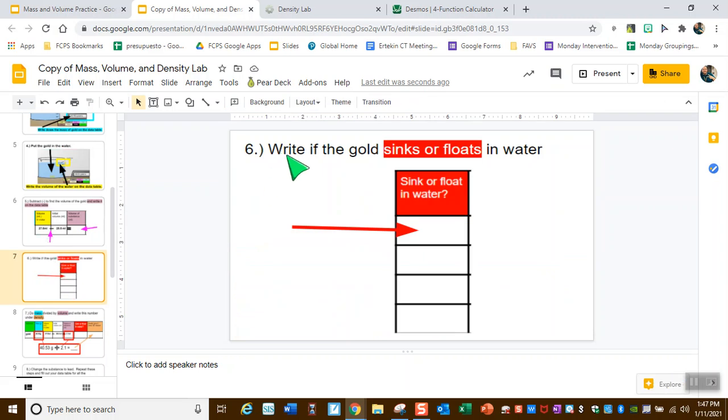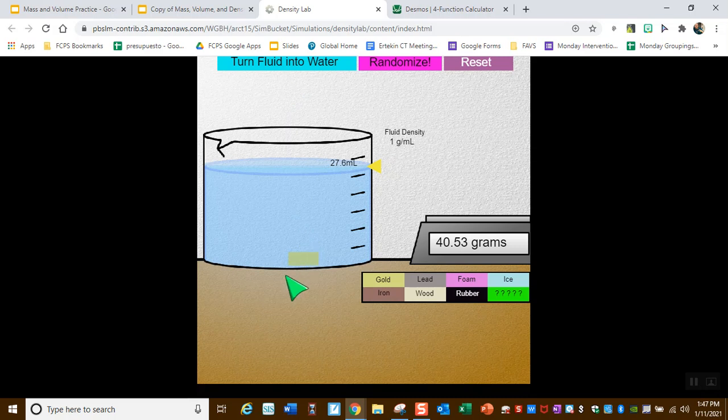Next step, write if the gold sinks or floats in water, okay? So, right now the gold is on the bottom. This means that it sinks in water. Floats means the gold stays up here. This is floating. Sinks means it goes to the bottom.